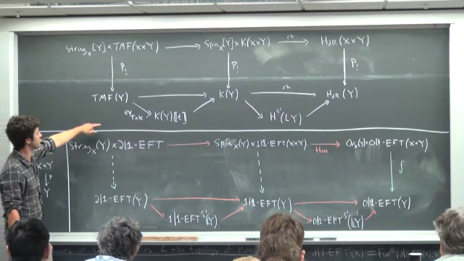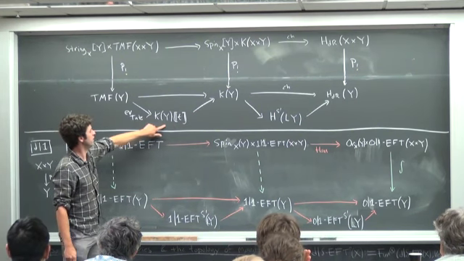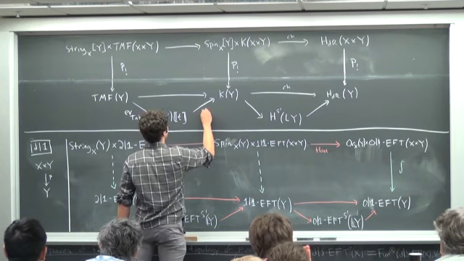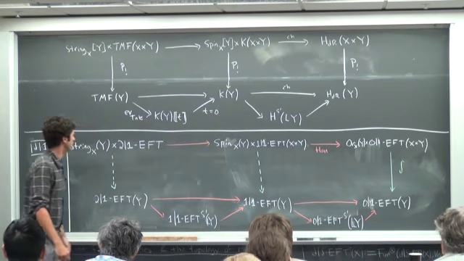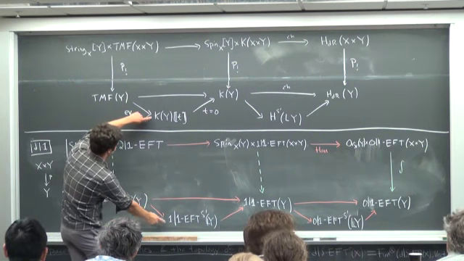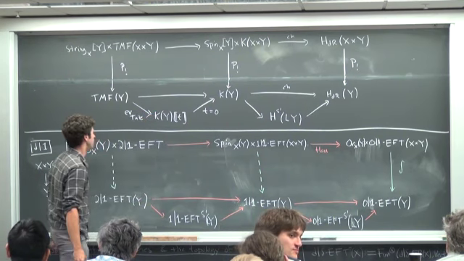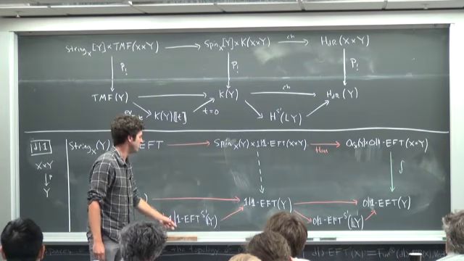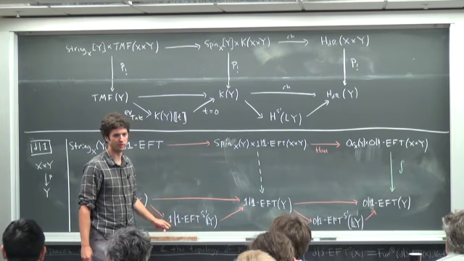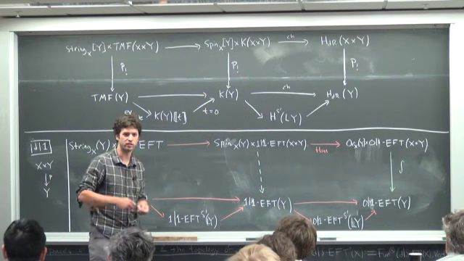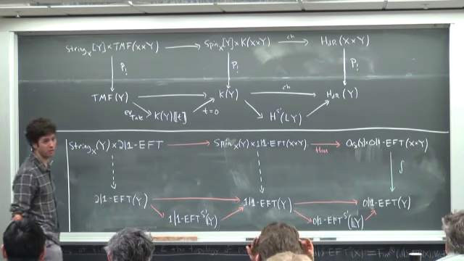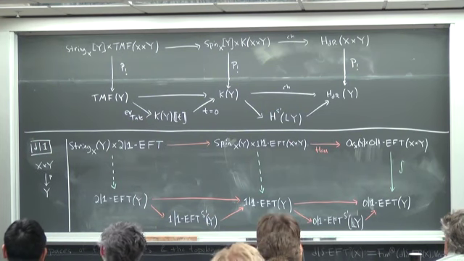In particular, I can ask for it at a given elliptic curve, and then I get this power series in q. If I set q equal to 0, I get back here. And the precise relation between these two things is not yet fully understood, but you can imagine seeing Z-graded vector bundles over Y by restricting to the constant loops and remembering this circle action. And that's kind of the relation between this thing and this thing. So a circle action on a vector bundle will give you a Z-grading.